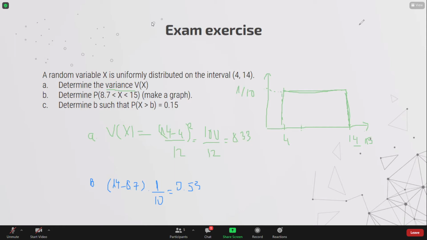We're given that just the area is 0.15. And we have to find on which number above the area is that is 0.15.